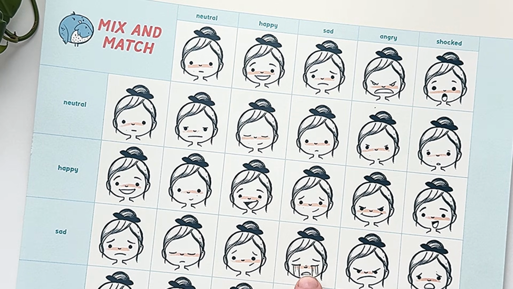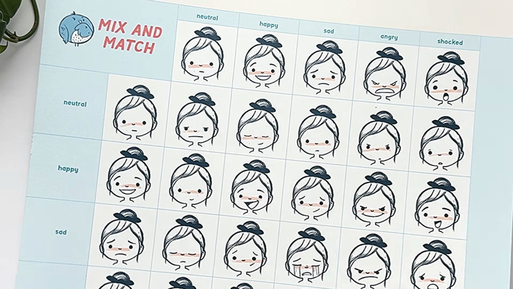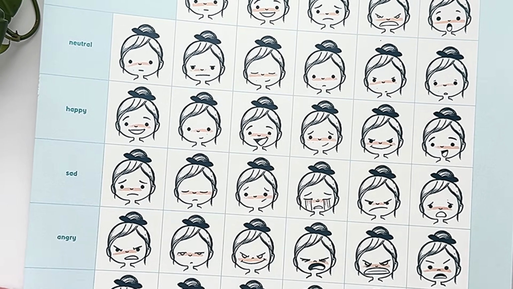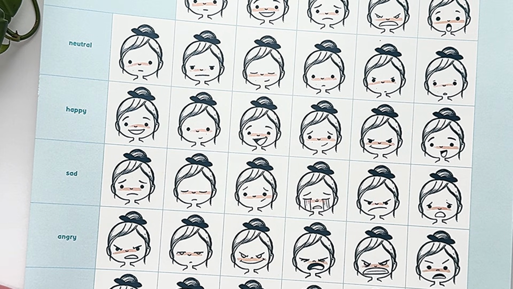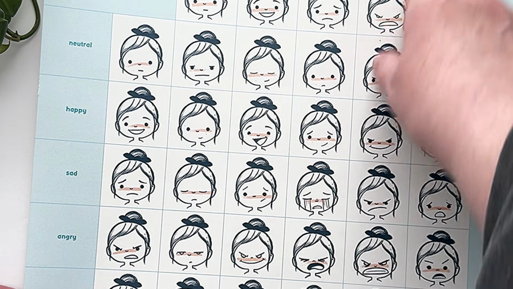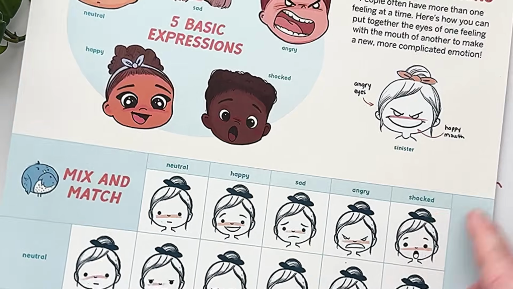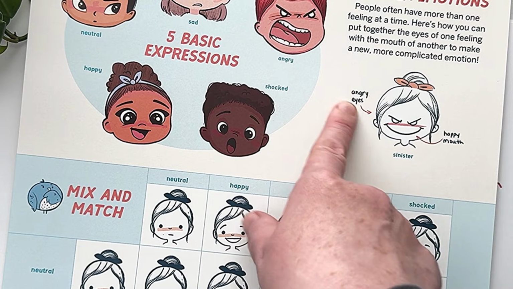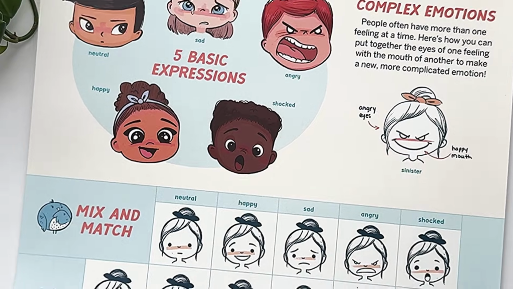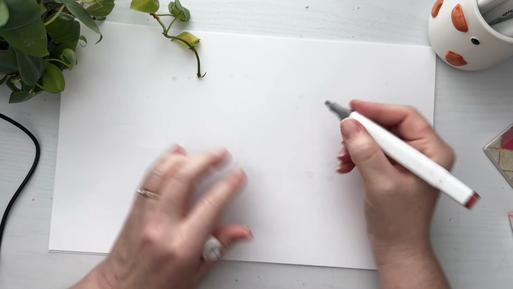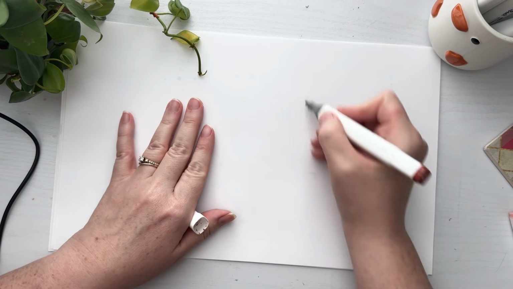Sad combined with sad would be extra sad. And sad with angry might feel like you've been betrayed, for example. You can mix and match one facial expression of the mouth with a different set of eyes to get a deeper and more complex emotion. Now this does apply to body language as well.